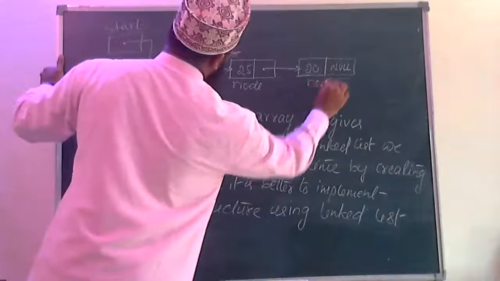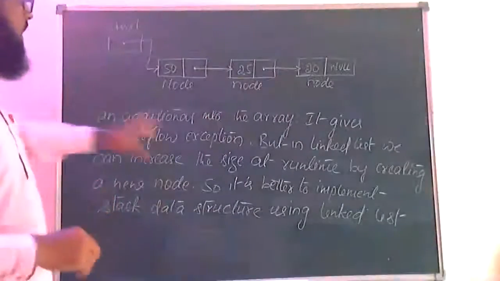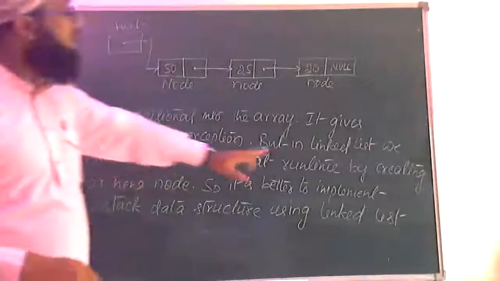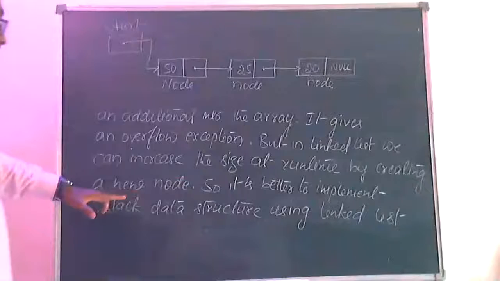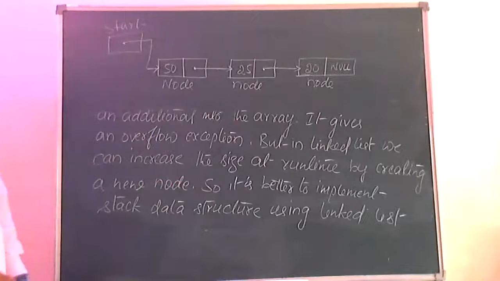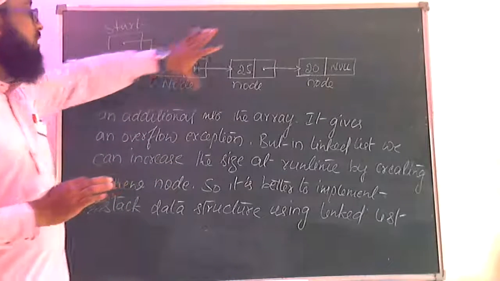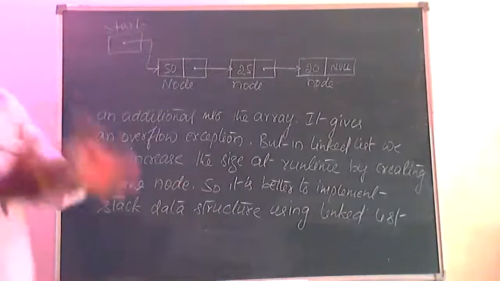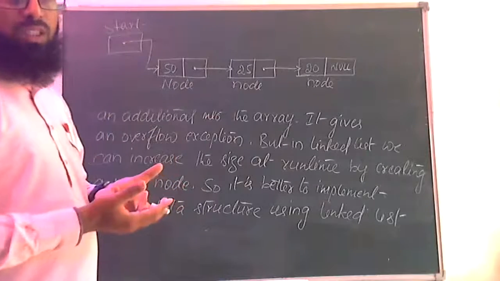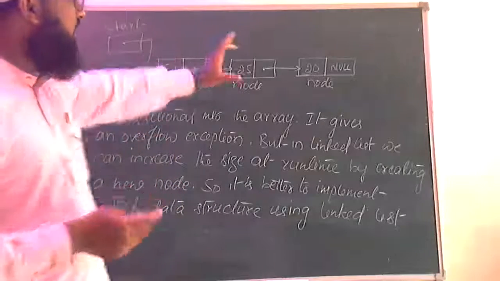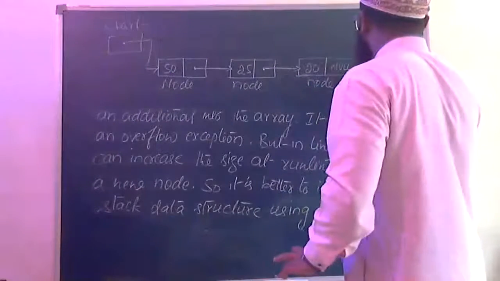Here in a linked list, we can increase the size at runtime by creating a new node. New node means the size of the stack grows. If you want to add more items to the stack, at that time we have to create a new node here.